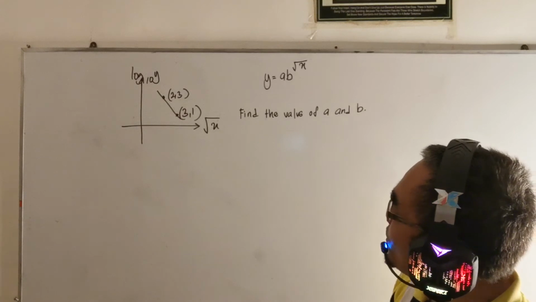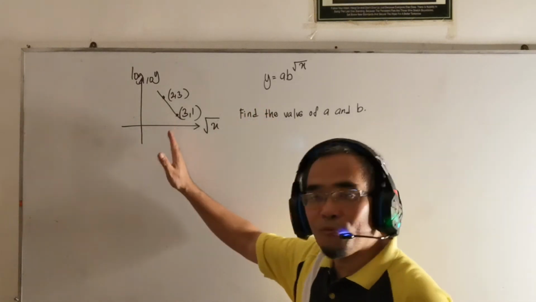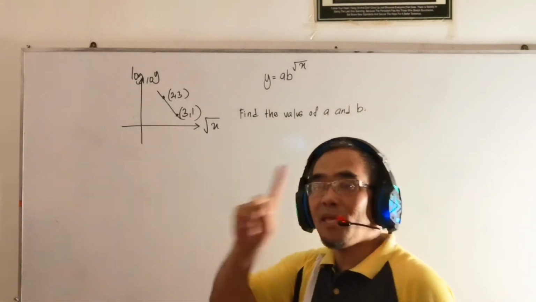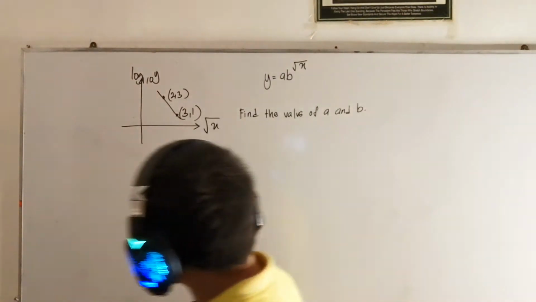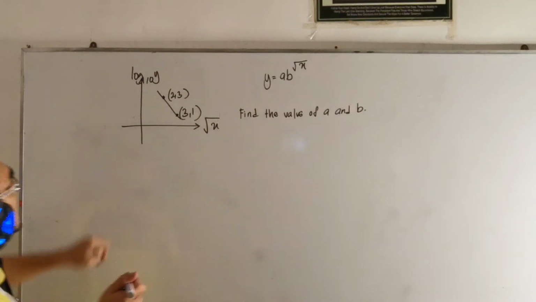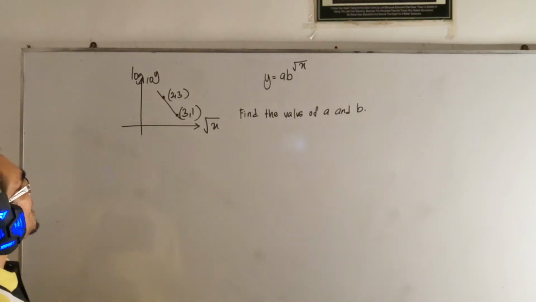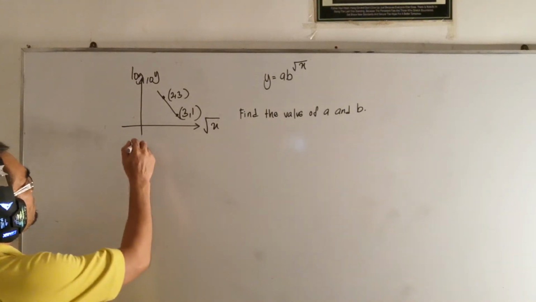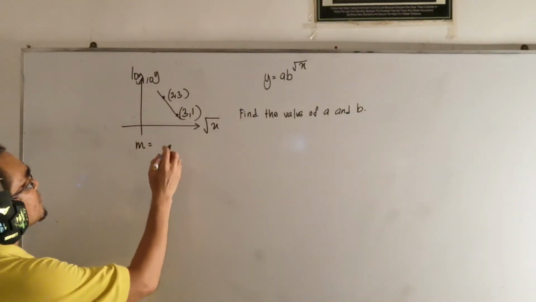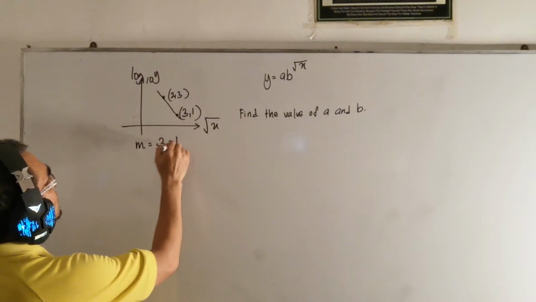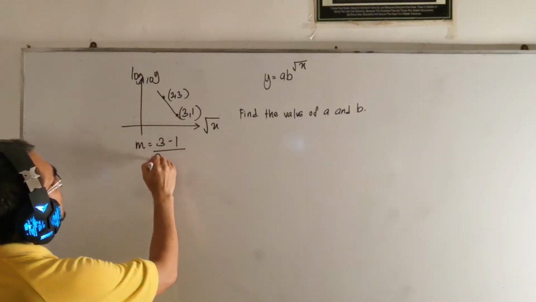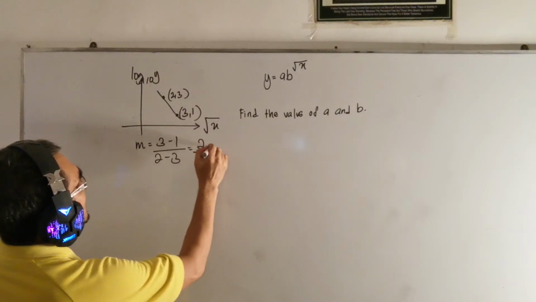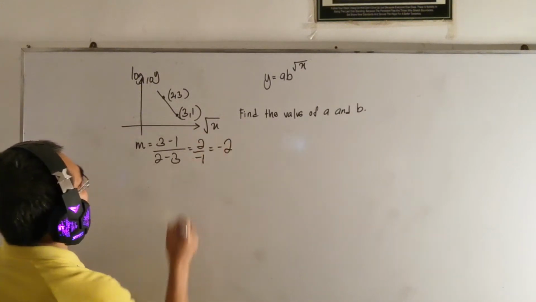So what we have to do here is find the equation of this straight line. That is one of the things. Let's do it together. The equation of a straight line will always be y equals mx plus c. First find m. It will be 3 minus 1 over 2 minus 3, which is 2 over negative 1, equals negative 2.